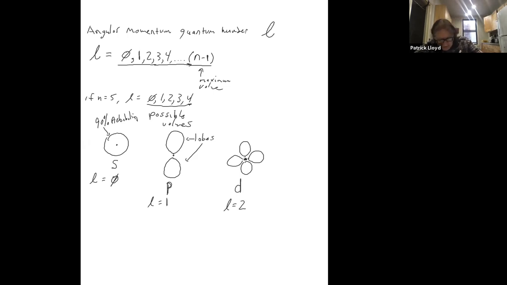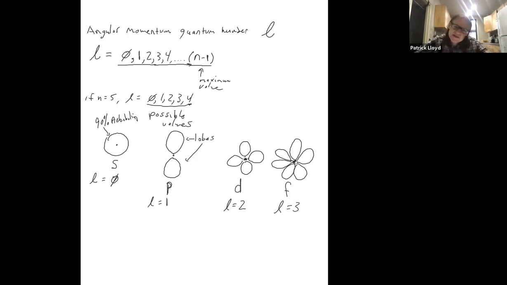And then the last one I'm going to show you has 6 lobes. Again, you'll see that I don't draw them exactly the same way each time. That's just an issue of my artistic ability. This one has 6 lobes in general. It's called an F. I won't go through the notation of where those letters come from.